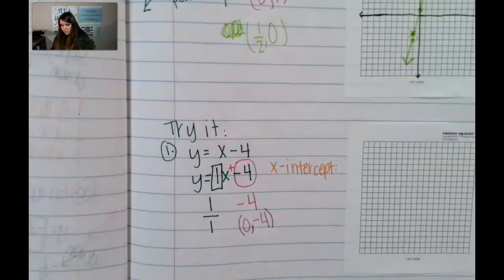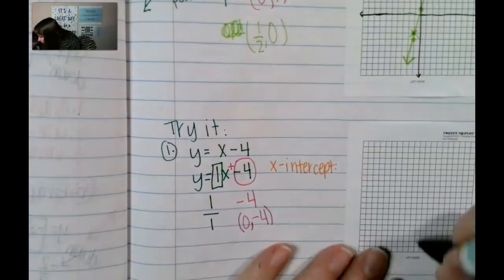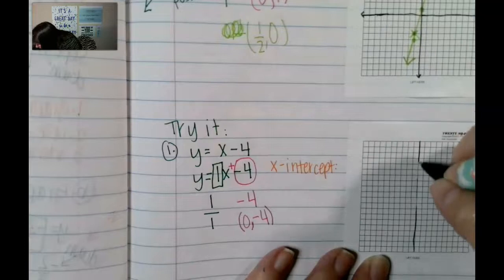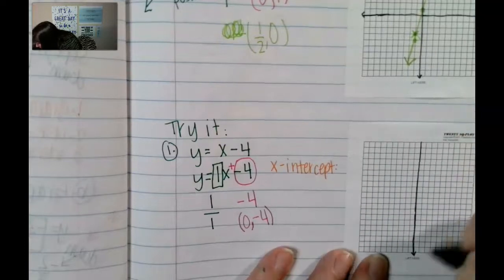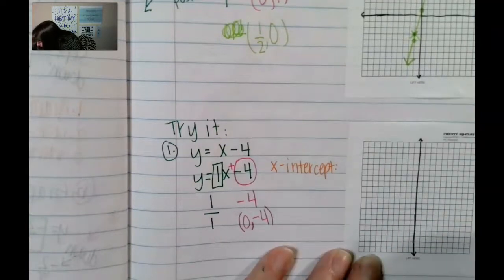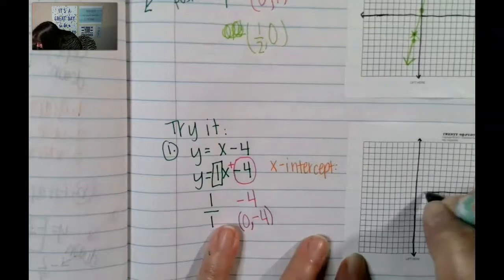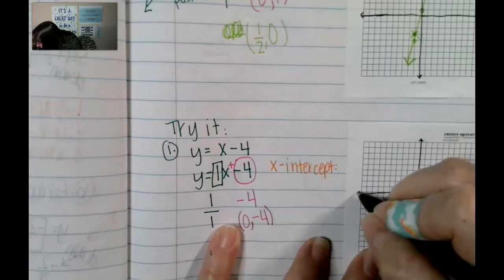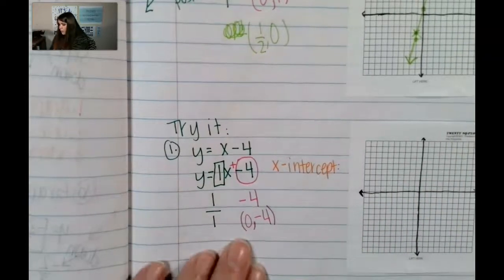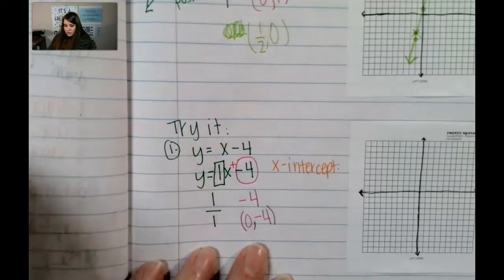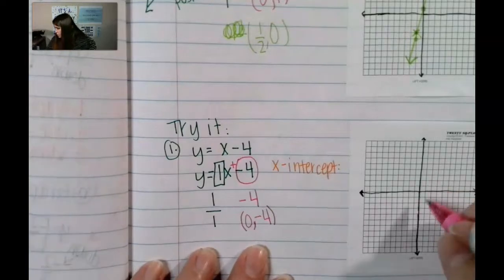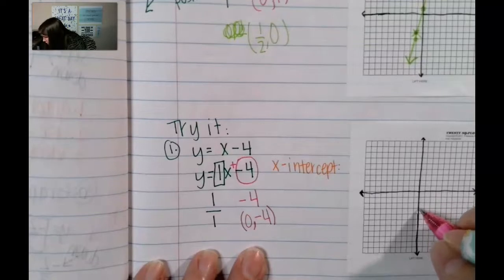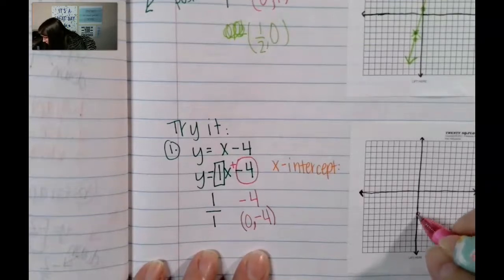All right, so again, wish my graph had the lines like yours. X-axis. Y-axis, I need the x-axis. Okay, so plot 0, -4. So on my line, I'm going to 0 and down -4. 1, 2, 3, 4.